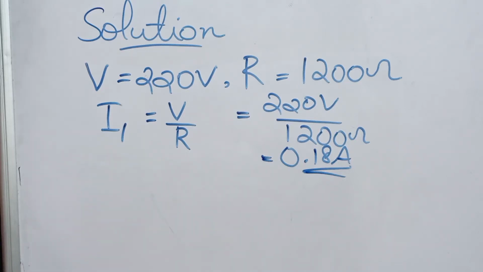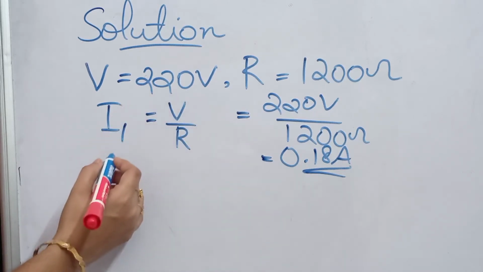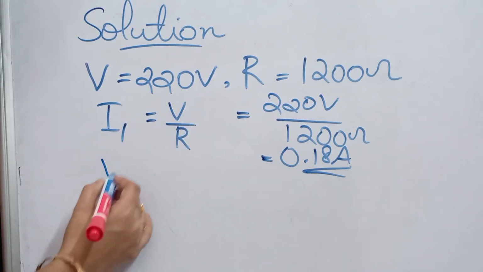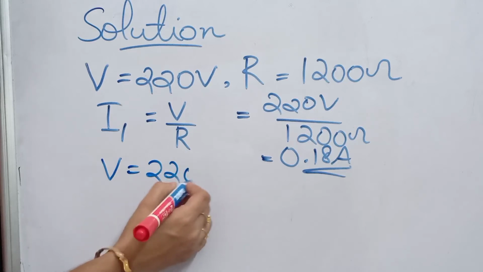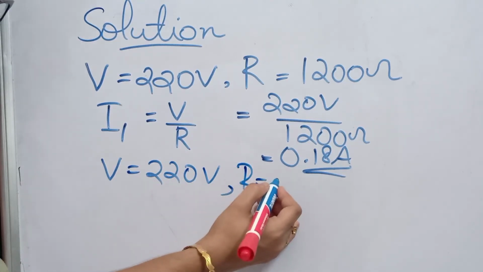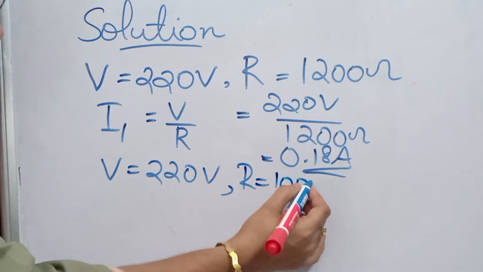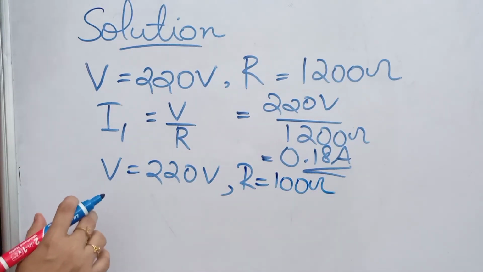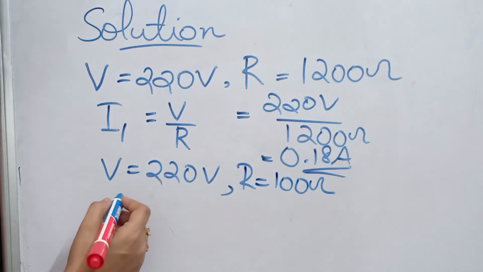In the second part of the question, a heater of resistance 100 ohm is connected to the source. So V is the same, that is V is equal to 220 volt and R is equal to 100 ohm. Here also we have to calculate the current. Which equation can be used?